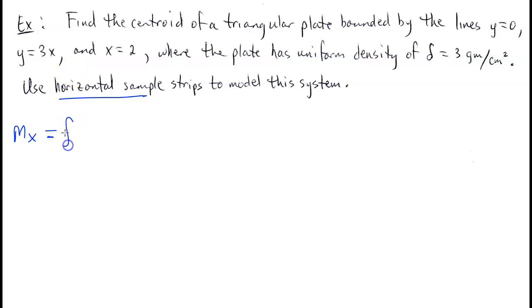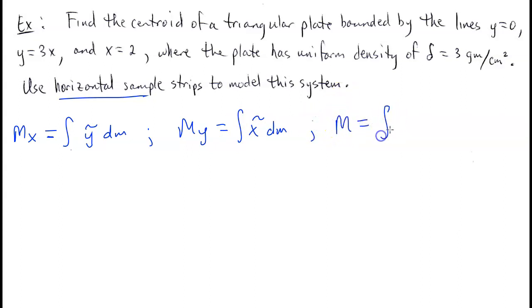So the moment about x is going to be the integral of y tilde dm. And this is going to go, well, I'll handle that part later. So the moment about y is going to be the integral of x tilde dm. And the system mass is going to be the integral of dm.